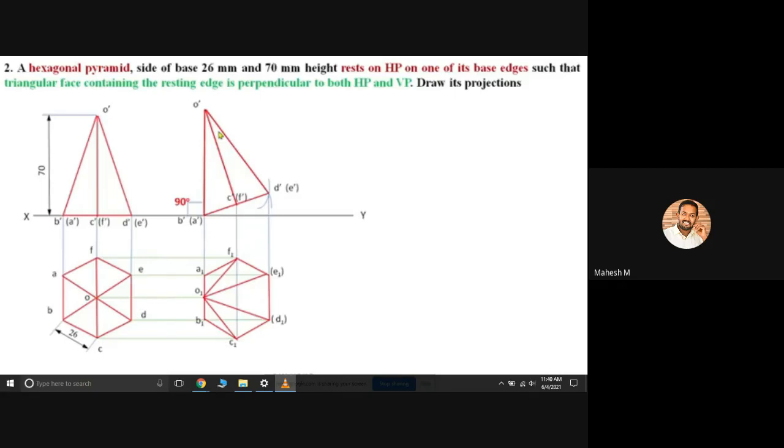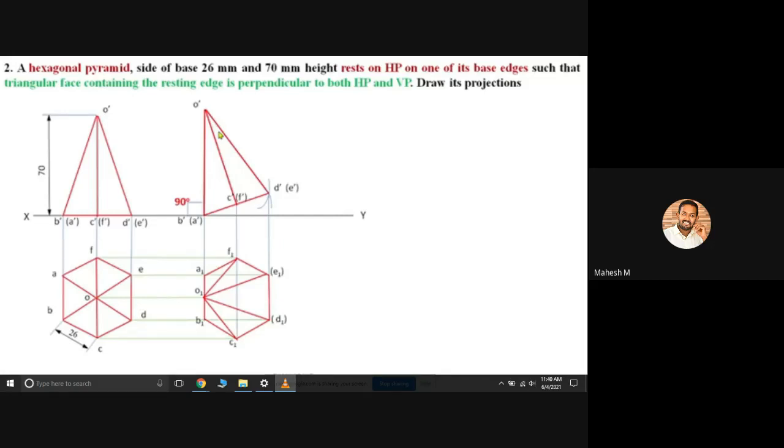Same conditions will be available on the pentagonal pyramid and same conditions will be available on the square pyramid. Until now we haven't talked about the square pyramid at all. Square pyramid and rectangular pyramid will also come. If you know how to draw the hexagonal pyramid and pentagonal pyramid, you can easily create the square and rectangle.